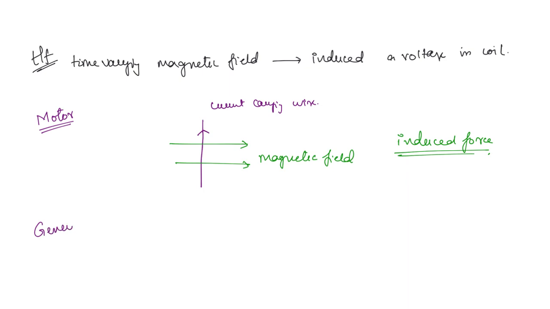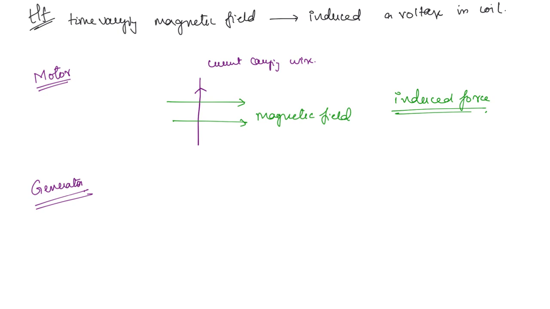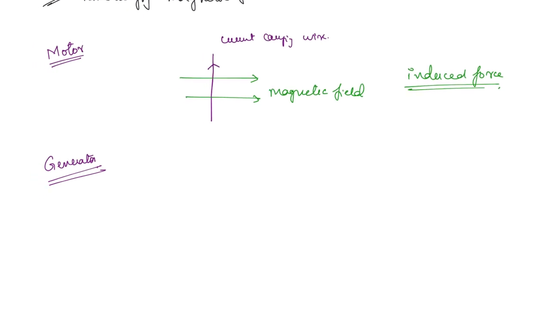And next, if you consider the generator, what is its basic principle? Here just the reverse action is happening as compared to the motor. A moving conductor is going to be placed in the magnetic field. Then what is going to happen?